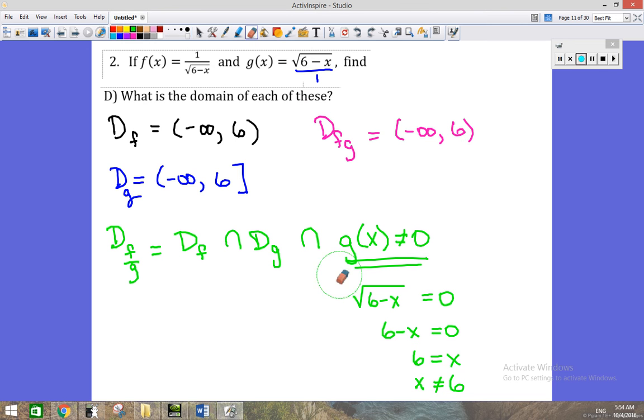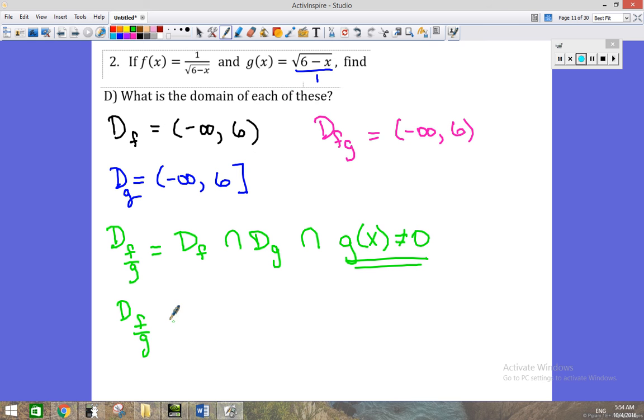So the domain of our division, f over G, is the same as negative infinity to 6.